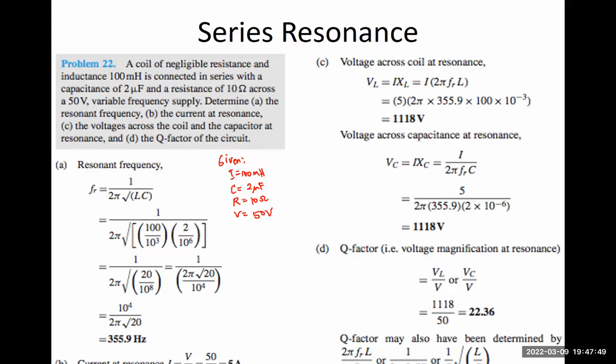Now, we could now determine the resonant frequency. So resonant frequency is 1 all over 2 pi multiplied by the square root of L and C. So meron tayong L. Sorry, this is L, not I. So we have L, we have C. So that is 1 all over 2 pi times the square root of 100 times 10 to the negative 3, times the capacitance of 2 times 10 to the negative 6.